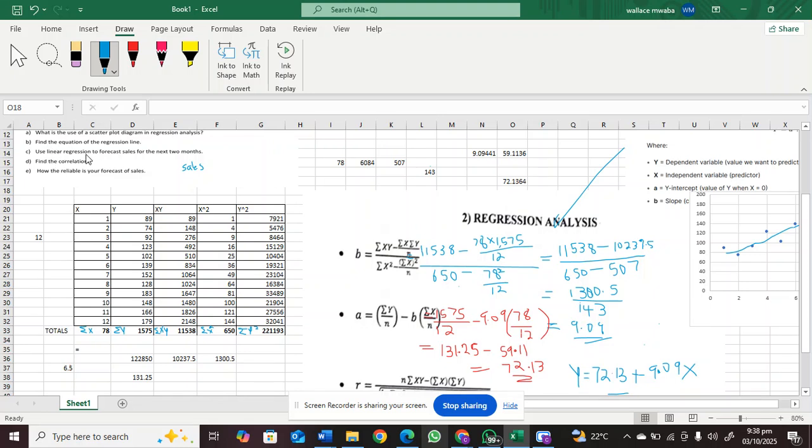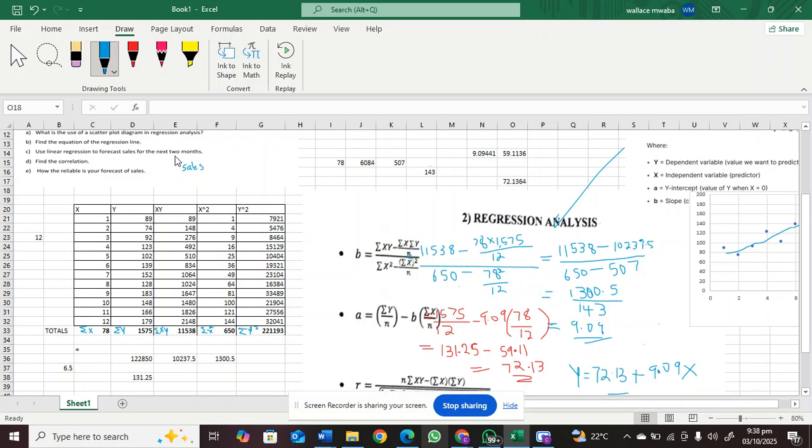Use the linear regression to forecast sales for the next months. So once you've formed your equation, you can now make forecasts. You can now predict in the future how much we will expect to sell in the 13th month and the 14th month.